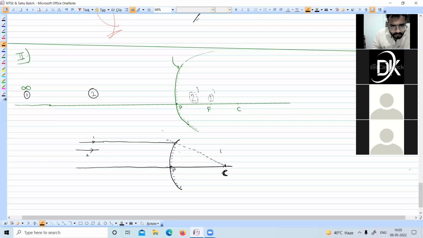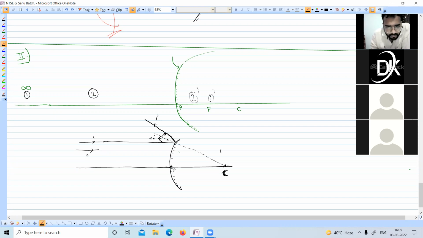How much is the incident angle? This is the angle of incidence, and from the normal in this direction we get the reflected ray this way. Now this is the 1 dash.